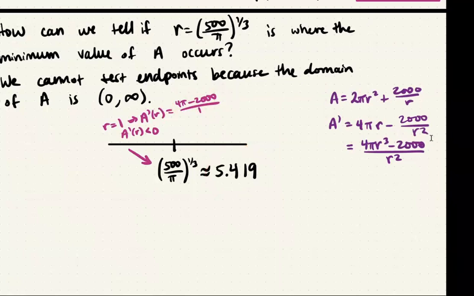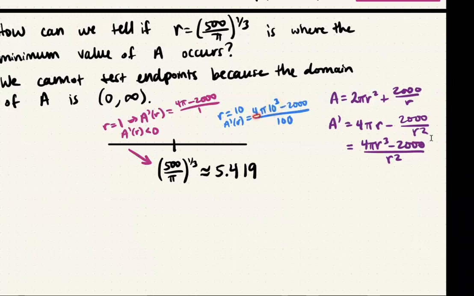And if I choose a number bigger than 5.419, let's say I choose r equals 10, then A prime of r is going to be 4 pi times 10 cubed minus 2,000 over 10 squared, which is 100. 10 cubed is 1,000.